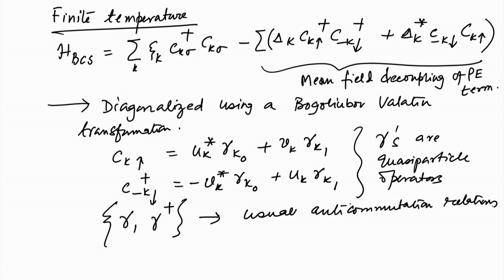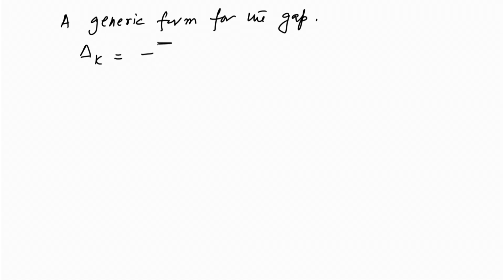As the C k daggers. Now, a generic form of the gap, now we will call delta as the gap, because we have established that delta is non-zero for the superconducting state and 0 for the normal state. So, this is equal to minus sum over L, V k L, C minus L down C L up.